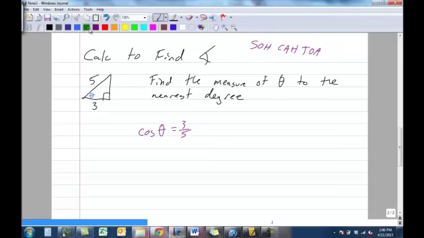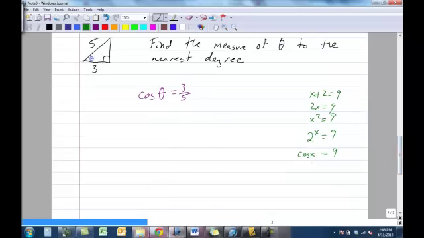Now, we've talked about this before. If I have x plus 2, how do you get x by itself? How do you get x by itself here? Take the square root to get x by itself there. We just got done talking about how to get x by itself here. But if I have the cosine of x is equal to 9, how do we uncosine?